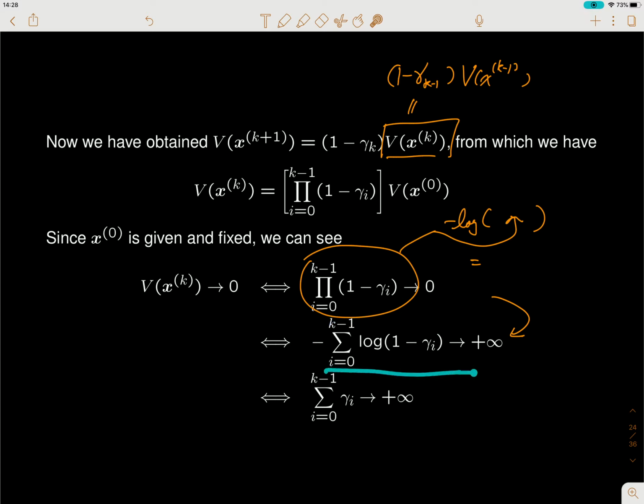And this goes to positive infinity if and only if the sum of this gamma_k goes to infinity. So this last step here needs more detail, as we show in the next slide.